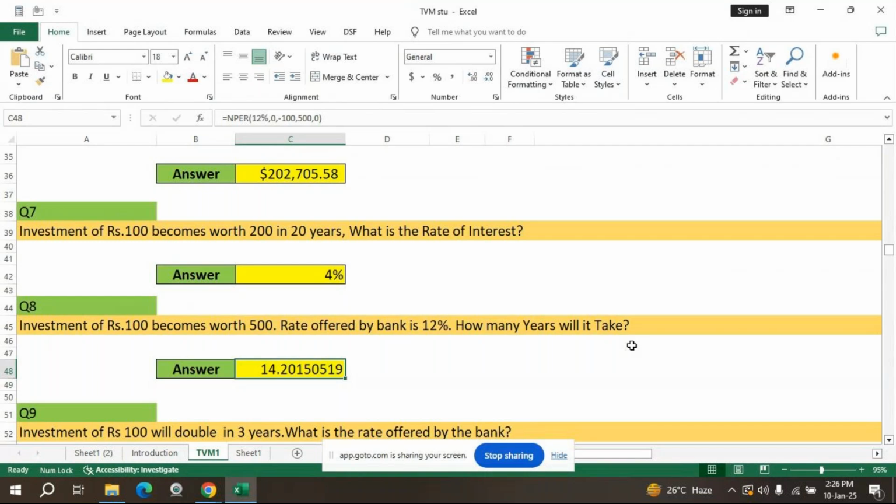The rate offered by the bank is 12%. How many years will it take? That means we have to calculate the number of periods here. So what formula do we have to use?